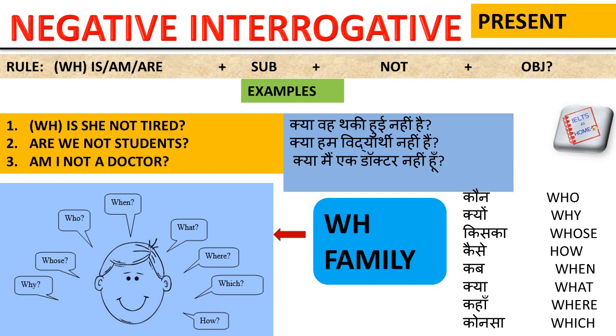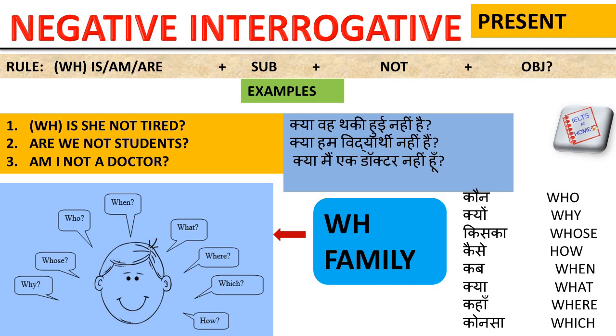I have also given some examples of these WH family questions with simple sentences. And remember one thing, WH family or WH questions are never used with those questions whose answer is in yes or no. Like, is this your pen? Yes, this is my pen, or no, this is not my pen.